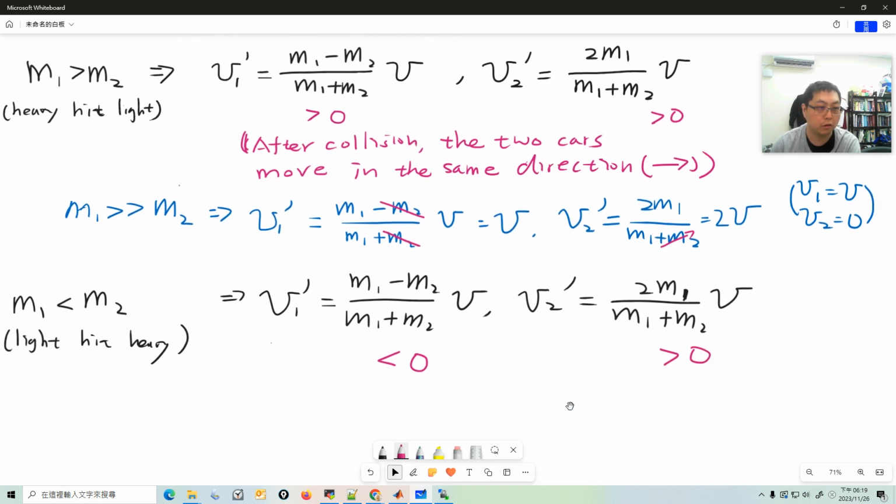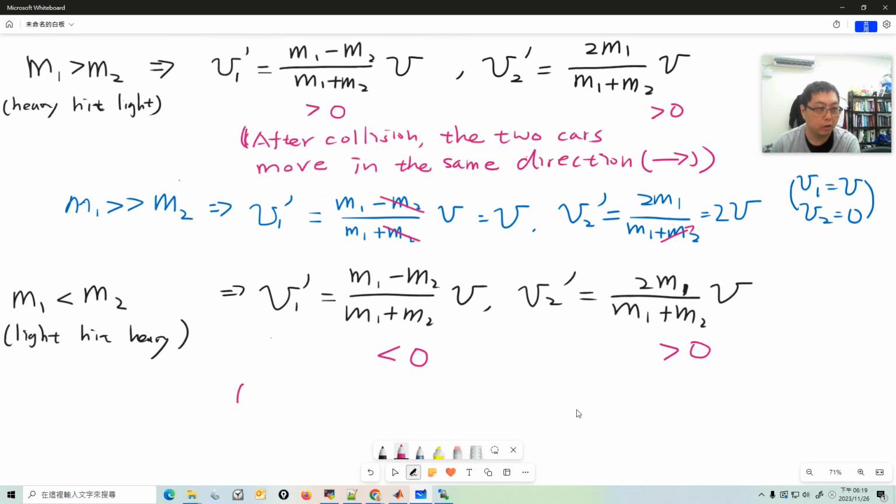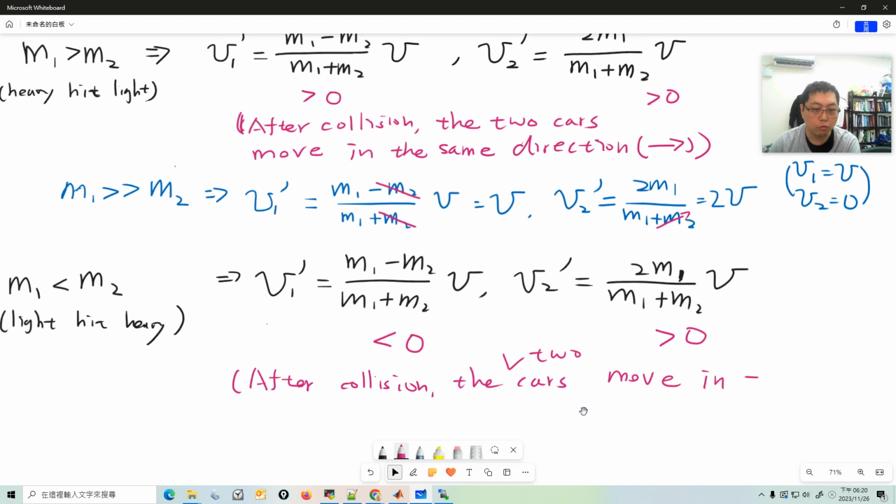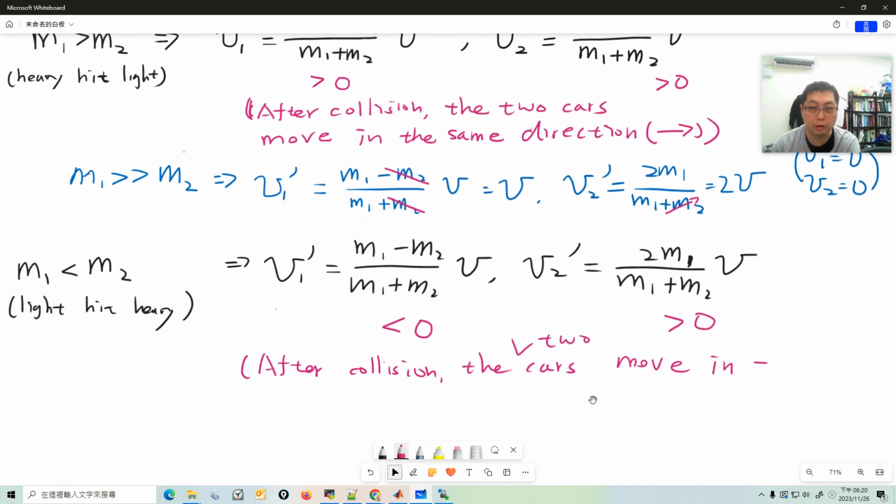That means after collision, the two cars move in opposite directions, because from this formula it's very clear.